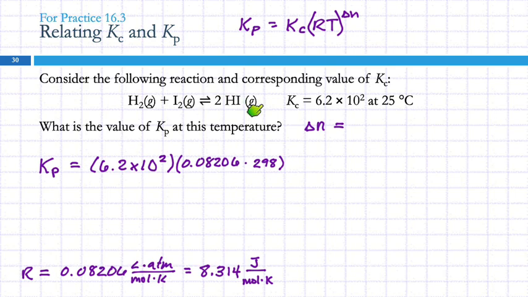How many moles of gas products do we have? 2. And we subtract the moles of gas reactants. So we have 1 plus 1, so that adds up to 0. The moles of gas isn't changing, and so this exponent is 0. And therefore, for this equation, Kp equals Kc.